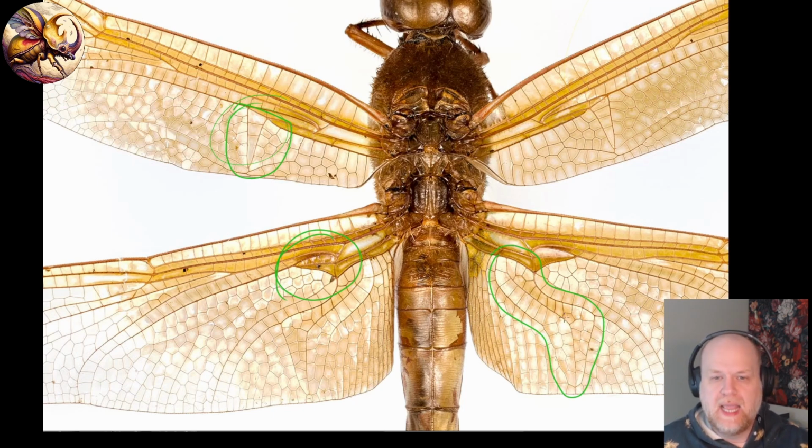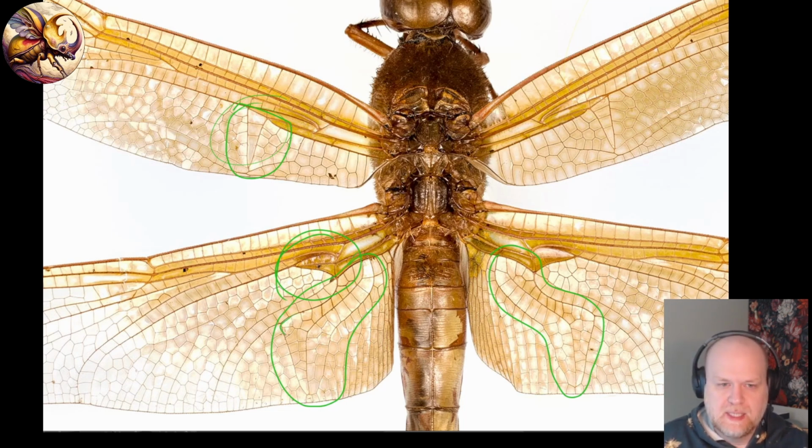And this is referred to as the anal loop. And all of the libellulids have this. And most importantly, it kind of comes to a toe point. Other groups of dragonflies will have an anal loop, but it won't come to a toe point like in the libellulids. So there's one on each side. Here's the one on this side. They face inwards, and that is called the anal loop.